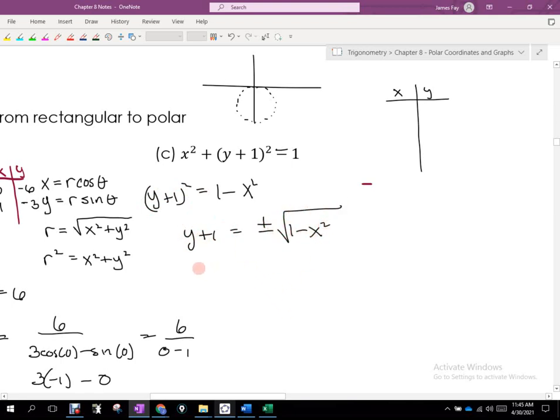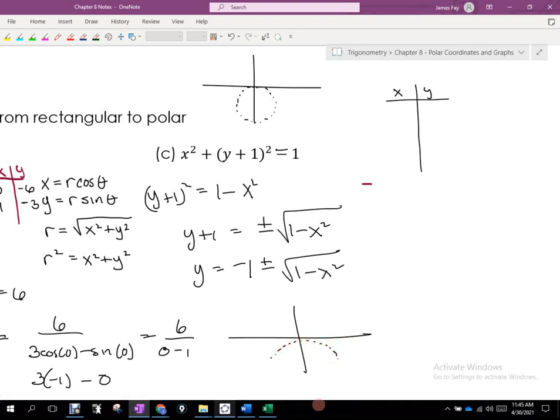And then you subtract 1, so you get y equals -1 plus or minus the square root of 1 minus x squared. So the -1 plus this stuff would give me that semicircle, and the -1 minus this stuff would give me that semicircle. Does that make sense?